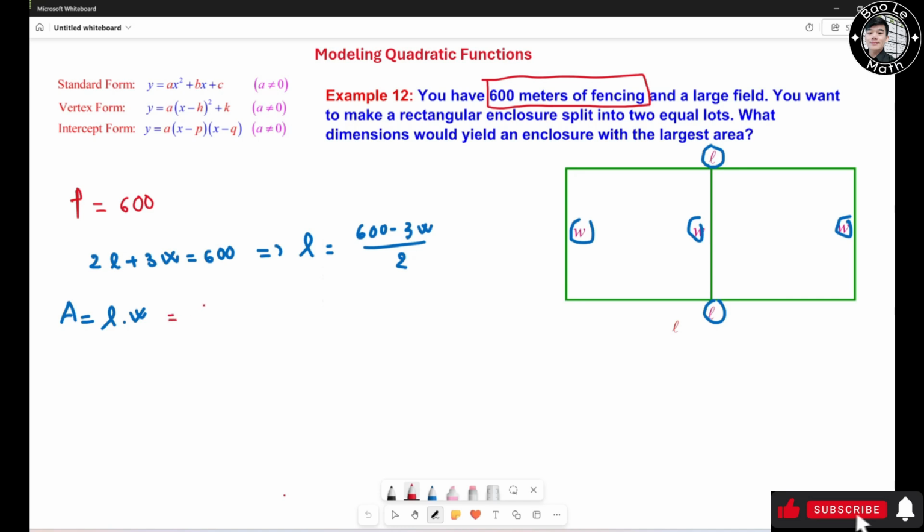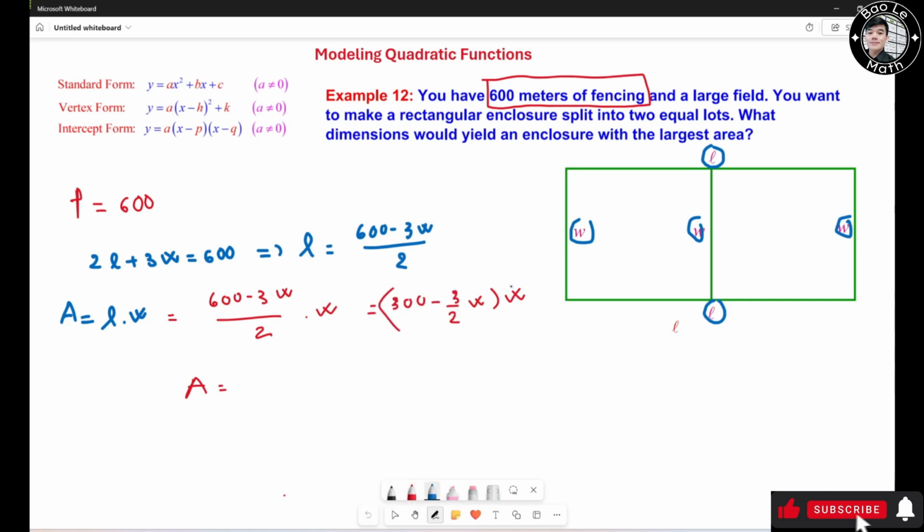So I'm going to end up with 600 minus 3W over 2, times W. And then I'm going to simplify this one. 600 divided by 2 is going to be 300, and 3 divided by 2 is going to be negative 3 over 2 W, all together times W. And then A equals, I just distribute this one.